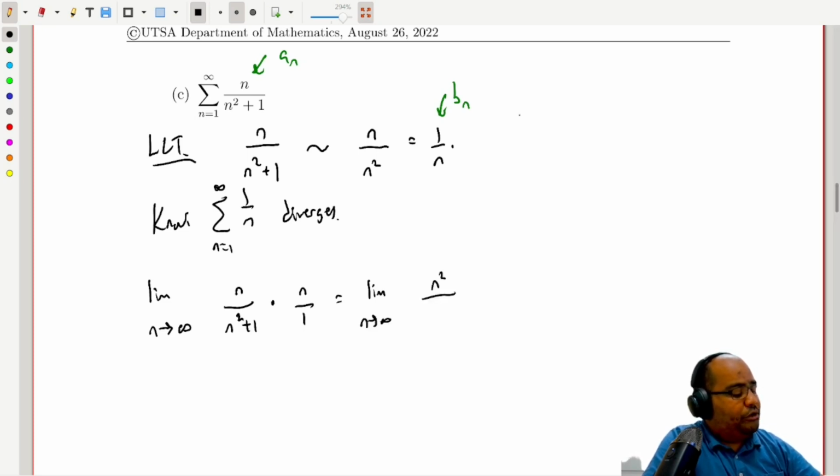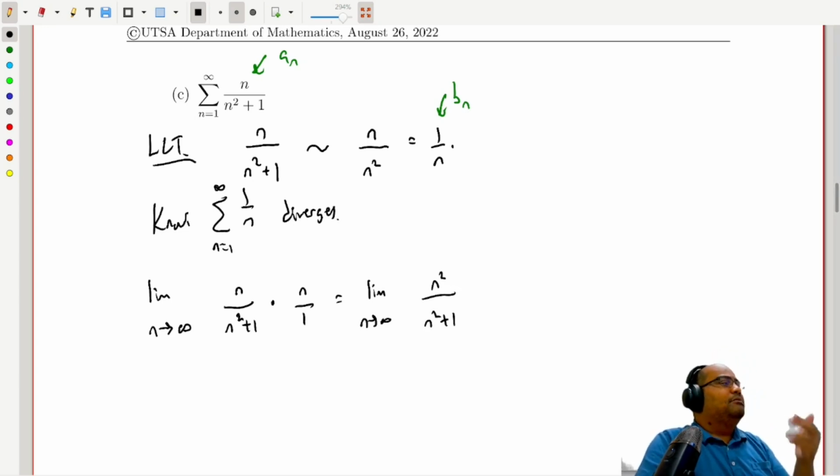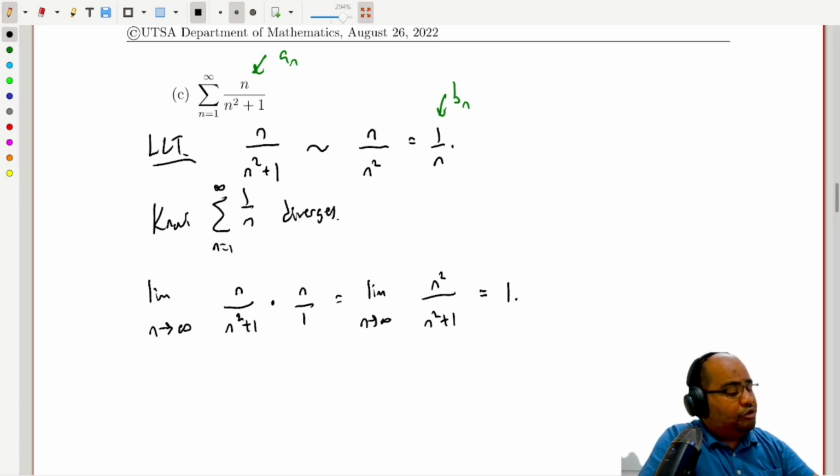So we get n squared over n squared plus 1. Just like we did before, we divide out by the highest power, the highest order term. We'll get 1 over 1 plus 1 over n squared. But you can shortcut that and say that that is equal to 1. You can easily show that this is equal to 1. Again, please review your Calculus 1 knowledge on limits at infinity with rational functions.